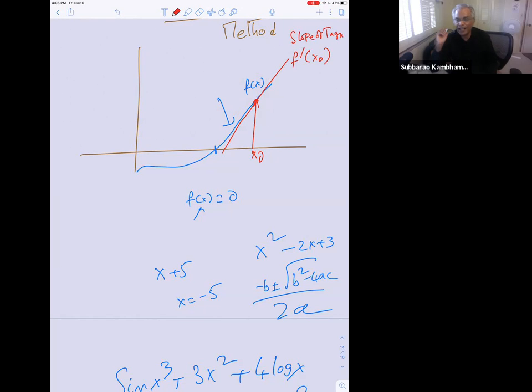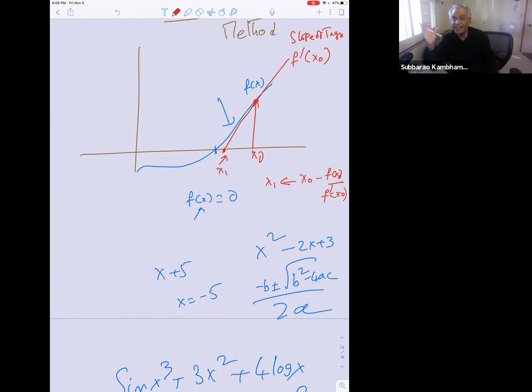So see where the tangent is hitting the x-axis. That is going to be your new x1. So x1 is set as x0 minus f of x0 by f dash of x0.